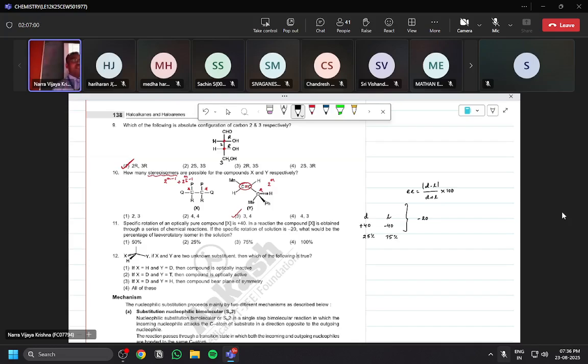So 50 equals, I don't know D value or L value, so I am writing D minus L upon D plus L will be 100 only. Right? D form, L form, if I add, total becomes 100%, or not? Into 100. So D minus L equals 50. Means what must be the D value, what must be the L value? 75, 25. Correct or not?